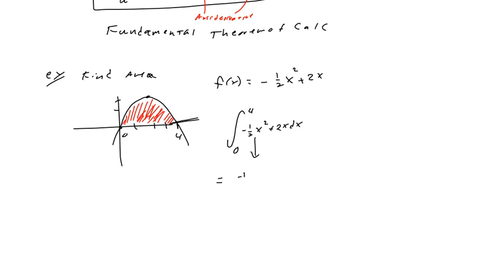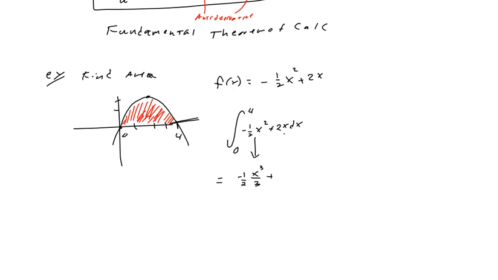So the negative 1/2 stays in front, and the x squared becomes x to the 3rd power over 3. Right? Plus, so that's that part.